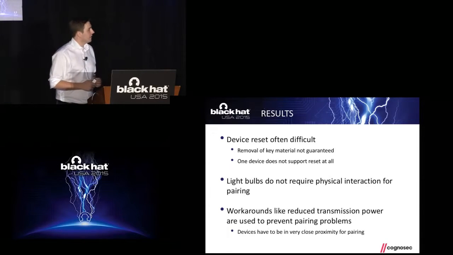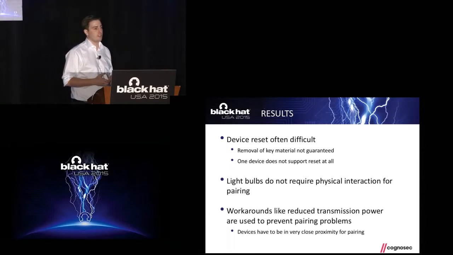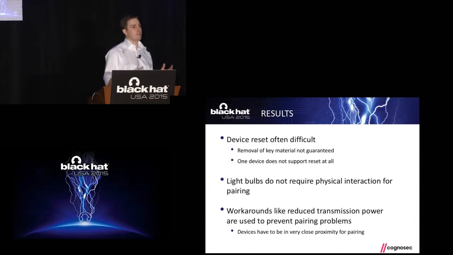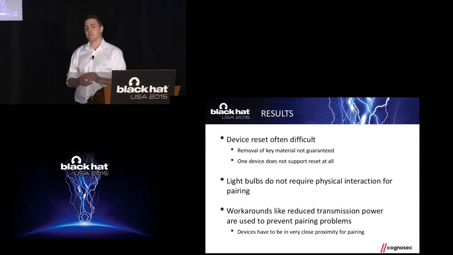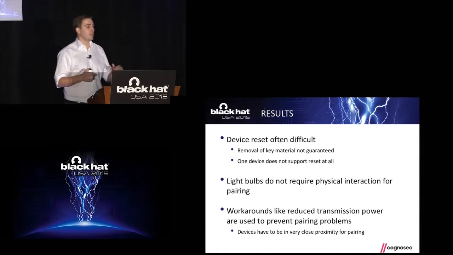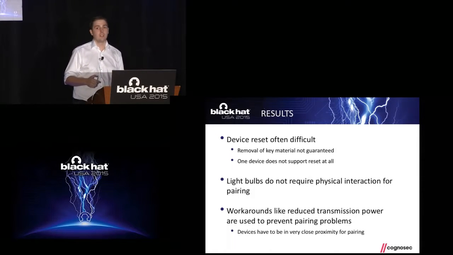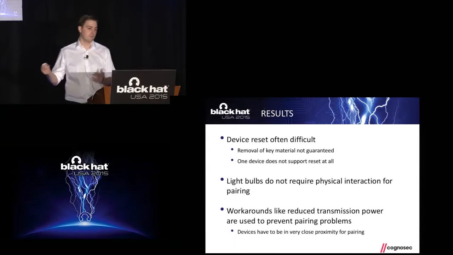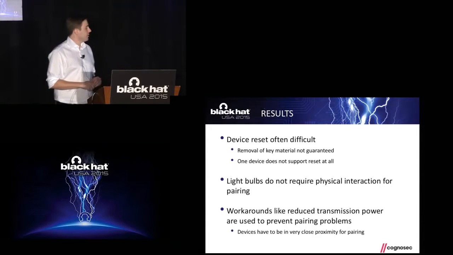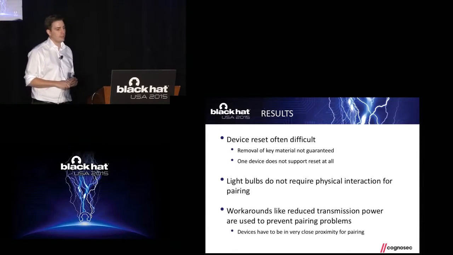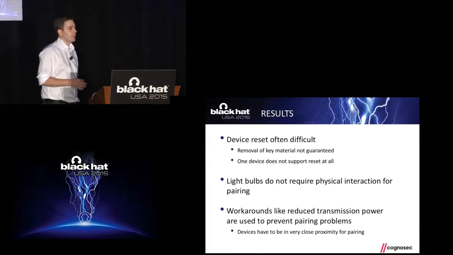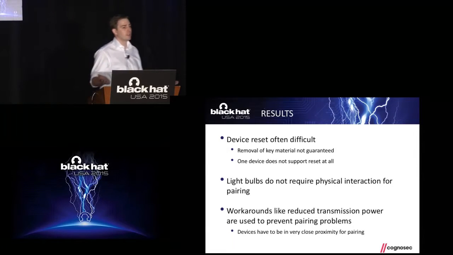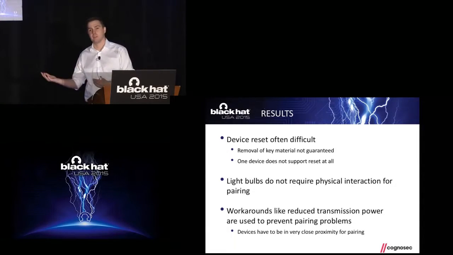Also interesting, light bulbs do not require physical interaction. You might have experienced, usually there are some buttons you have to press for pairing, or other kinds of stuff. So light bulbs are constantly looking out for new networks to join until they find one. So we will take advantage of that. What do vendors do? They apply workarounds like reduced transmission power to make sure that when 2 neighbors bought the same system, they don't steal the light bulbs from the other one all the time.